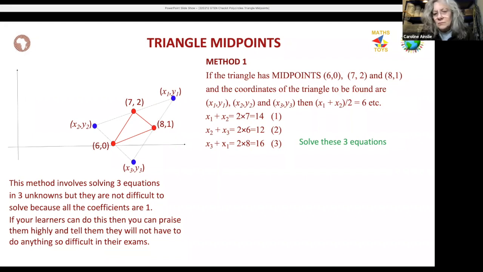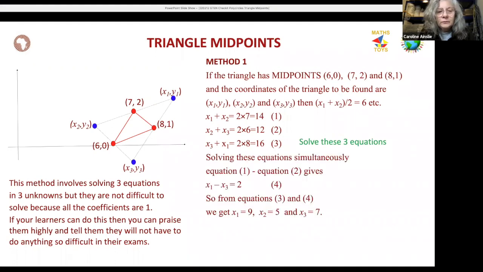The coordinates of the midpoint are given by the mean or average of the coordinates at the endpoints. And then from that, you can turn that into 3 equations, and they're quite simple equations to solve.